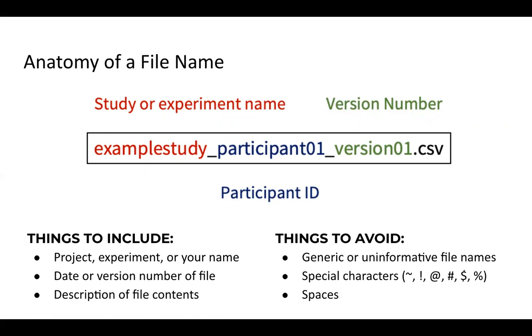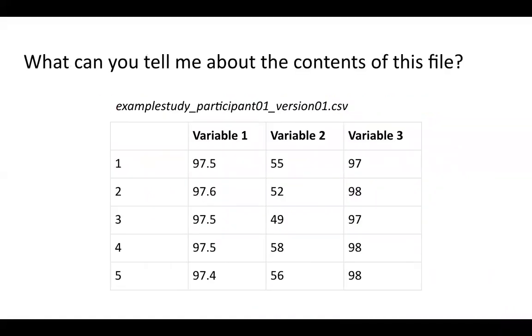Some tips here: you want to avoid spaces or special characters in your file names, since these might cause problems for you or other researchers who may want to access your files on other systems. So let's use this naming convention to rename our data CSV file.